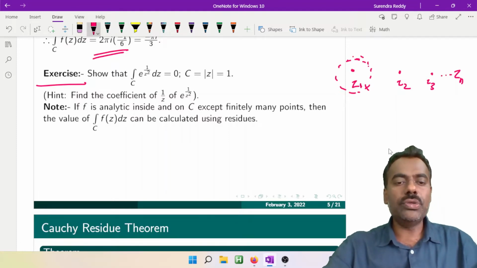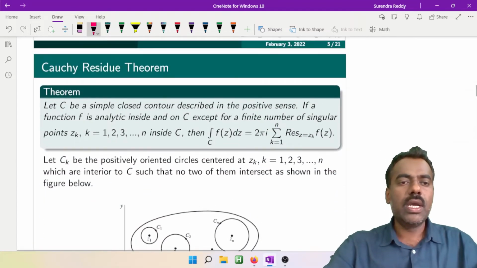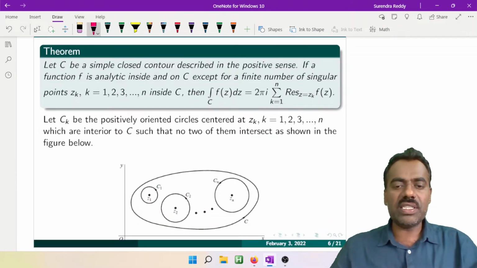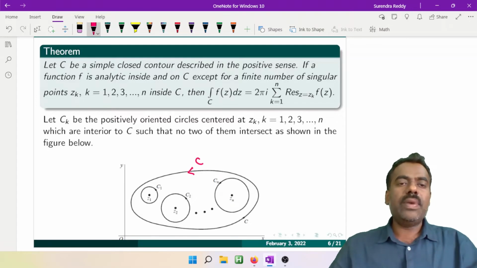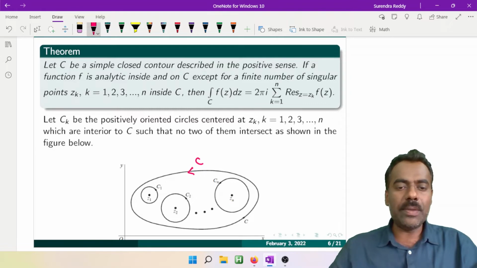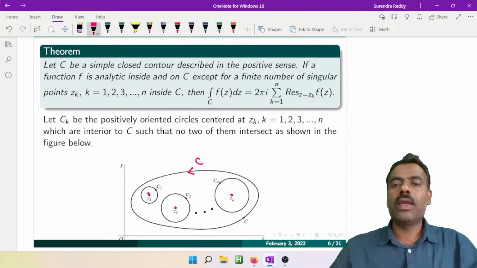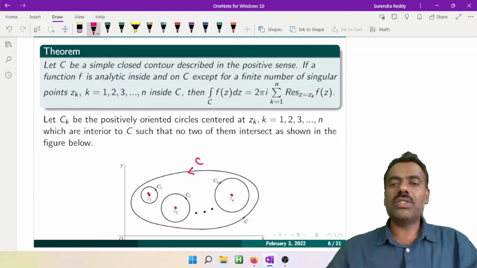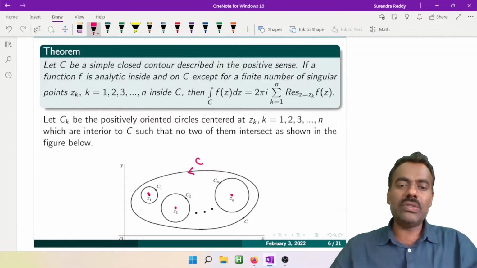That is called the Cauchy residue theorem, due to Cauchy. What does it say? Let C be a simple closed contour described in the positive sense. If a function f is analytic inside and on C, except at finitely many points z1, z2 up to zn, then the integration over C of f of z dz is equal to 2 pi i times the summation of the residues of f of z at those points.